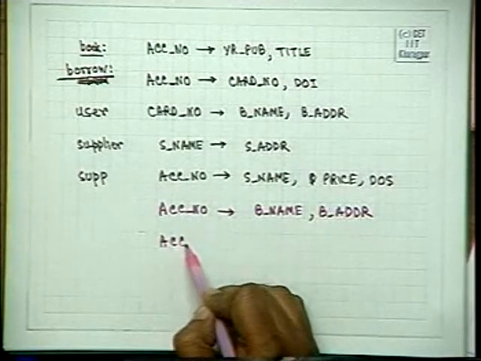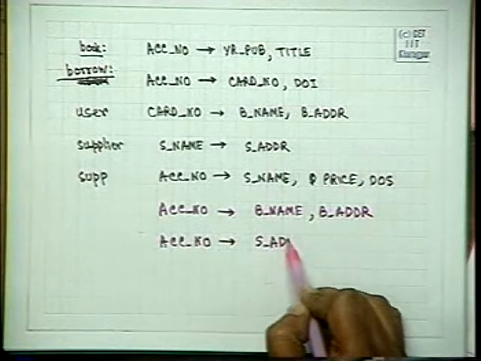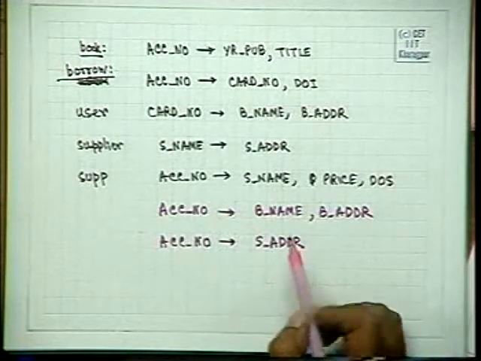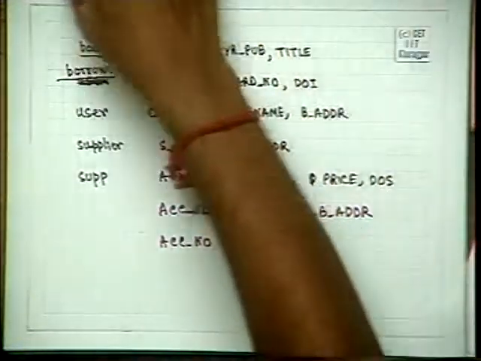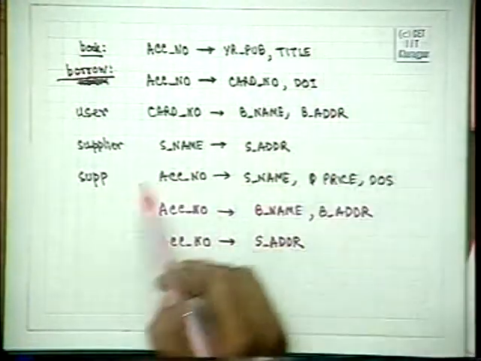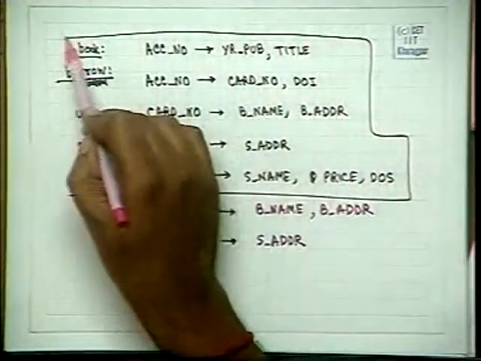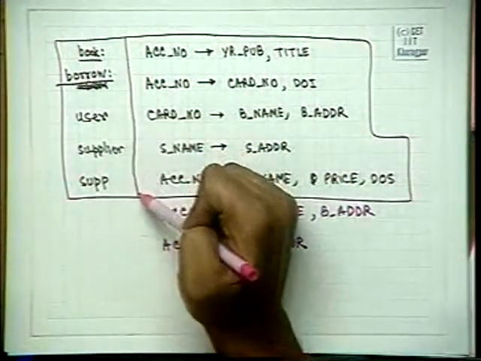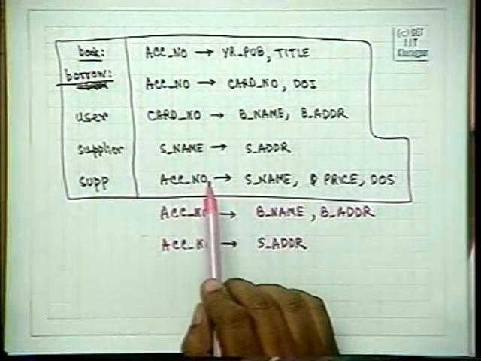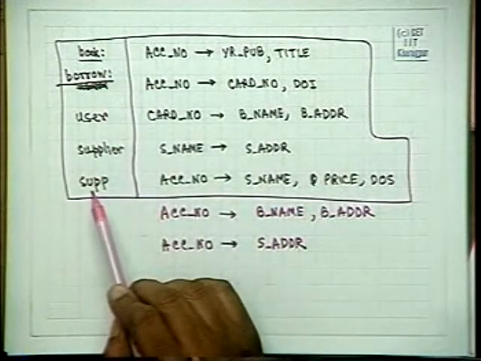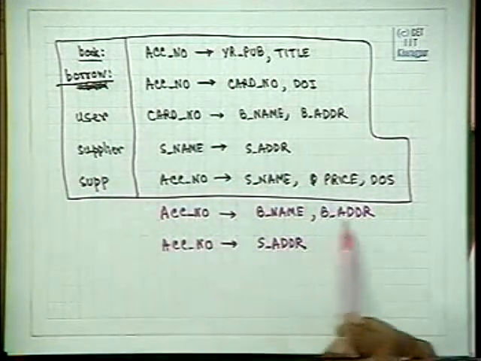Therefore, accession number gives supplier address as well, and clubbing all the accession numbers together we will get what we had written down first. So, we need not initially define all the functional dependencies, we can define only a set of functional dependencies which are sufficient based on the relations that we have, and the other functional dependencies will be derived from this.